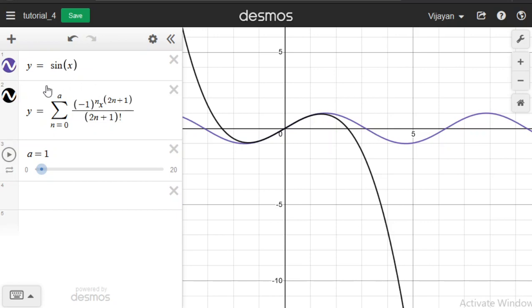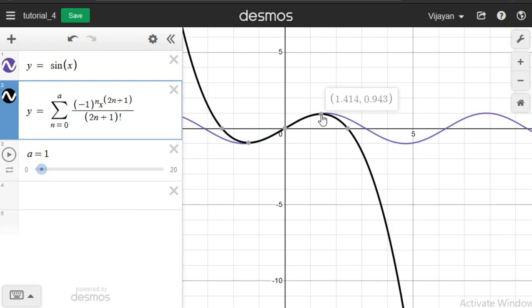So in this Taylor series expansion formula of sine x, n is starting from 0 and going to 1. If we neglect the 0 term, there is only one term, the first term. So when a is equal to 1, the approximation made by the Taylor series expansion of sine x is from this point to this point.